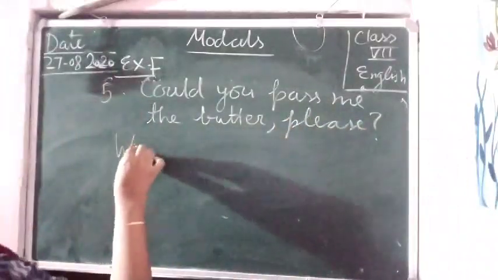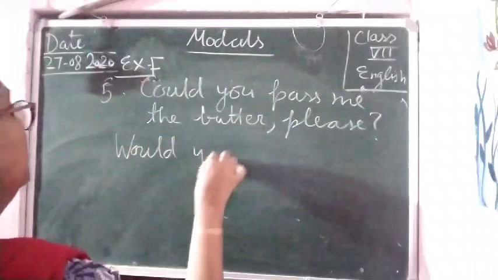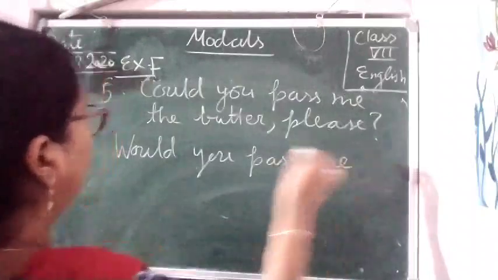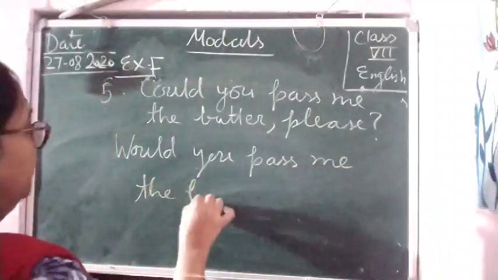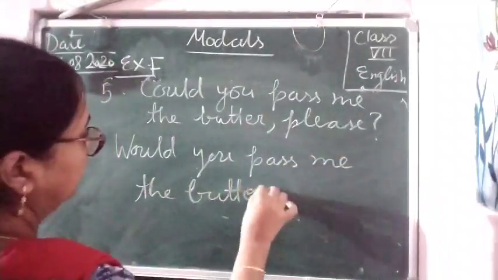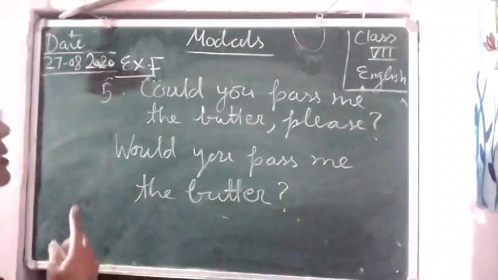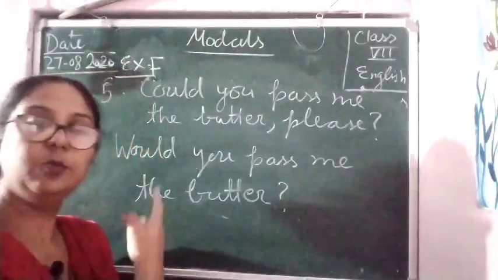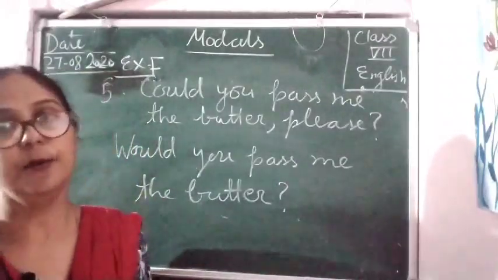Now, when we are using would, you pass me the butter? So this is number 5. Now we are going to do number 6. This you just take a screenshot or write down fast.